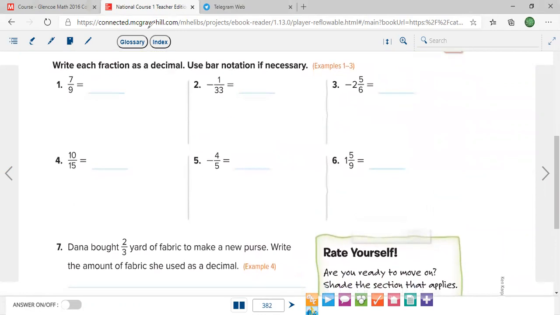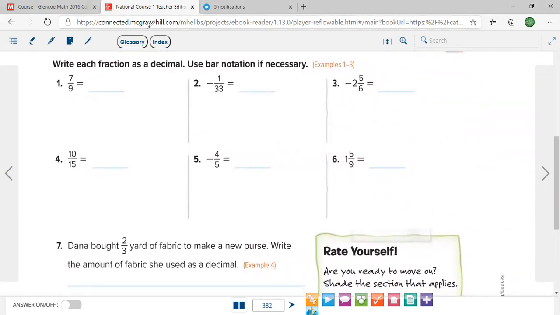The same will happen for these problems. Let's take 7 over 9, for example. So I'm going to divide now. 7 divided by 9 is 0. So 70 divided by 9 is, sorry, let's say 7, because 7 by 9 is 63, and minus this will give you 7.